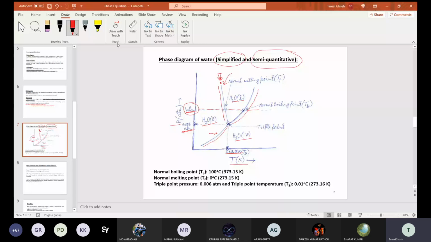These are the two things you have to consider when you are drawing this. That is why it is semi-quantitative. And the second thing is, it is simplified.